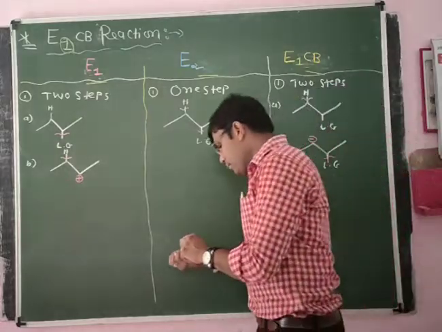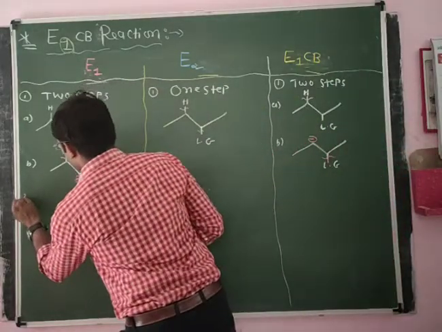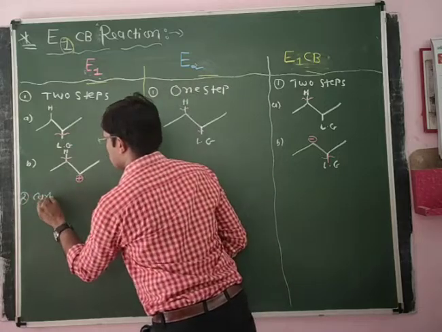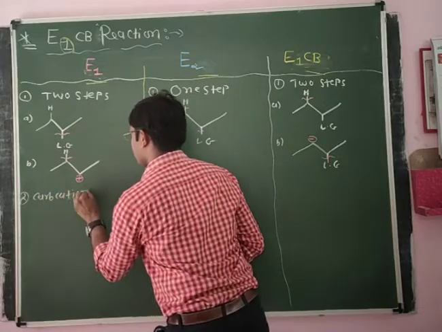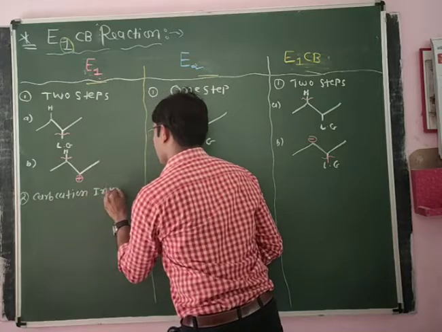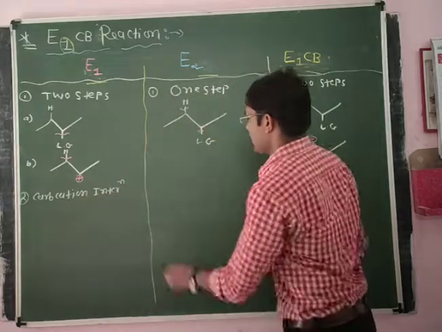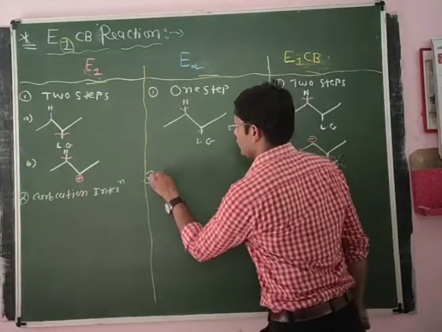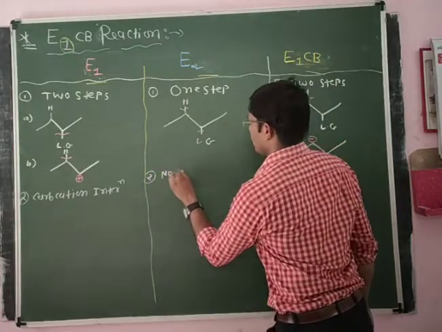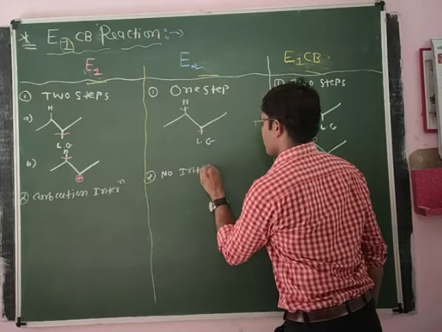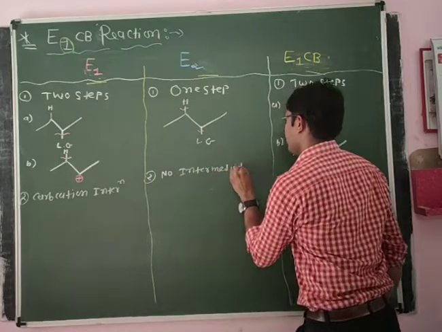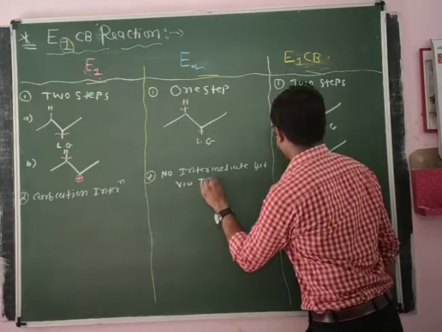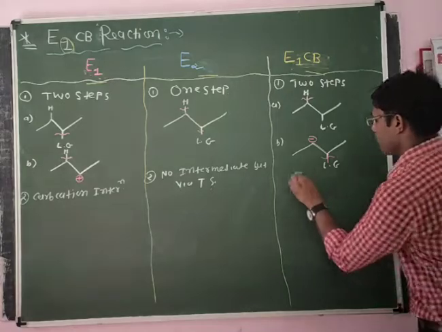Okay. The second important point is here a carbocation intermediate is formed. Here a carbocation intermediate is formed, and in this case we can say no intermediate, but this reaction occurs via a transition state.